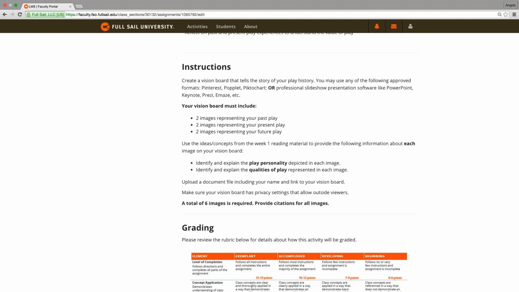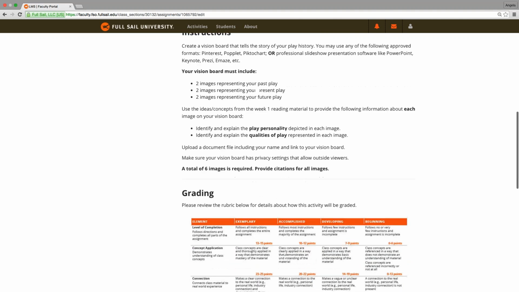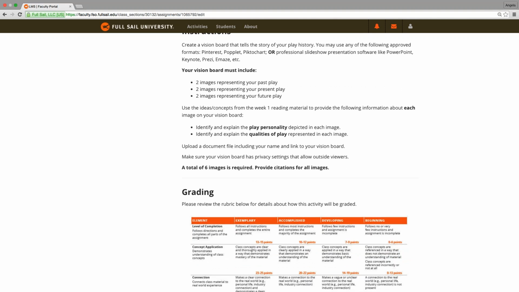So, all right. And so when we're looking at these 6 images, I want you to really think about what is represented. So it's not going to be worth that full representation of mastery of the concepts if you just give us bullet points, right? We're looking for several paragraphs per image explaining what these qualities were, why you feel like that quality was present, what it means to that activity.